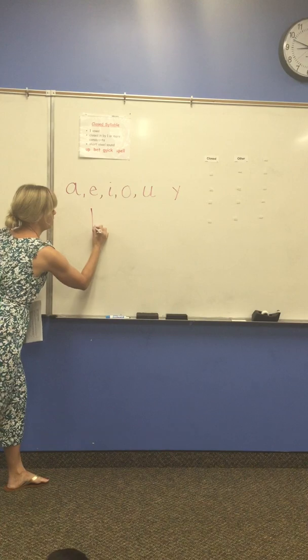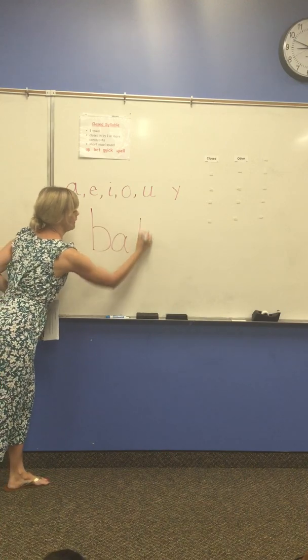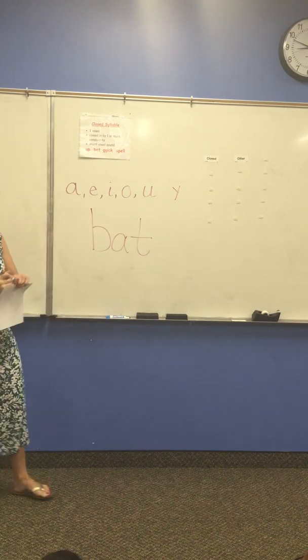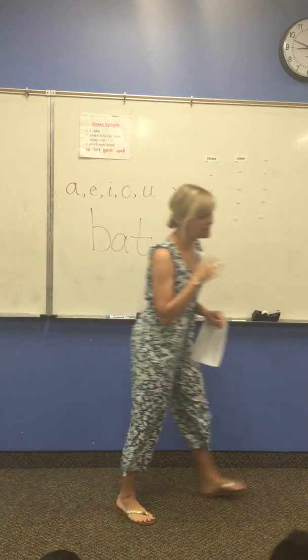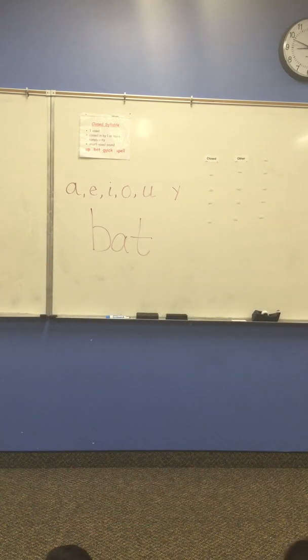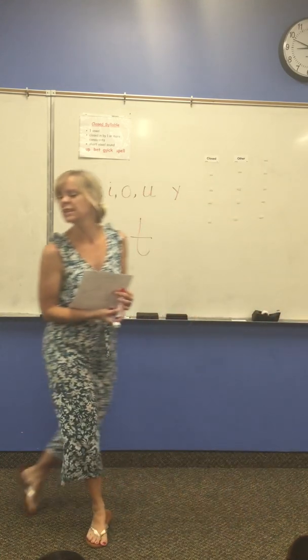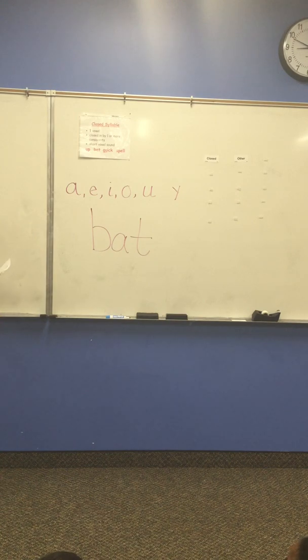Look at this word. Now, when we learn syllable types, we use easy words to start with. You're learning a concept, so we're going to use easy words to start with, okay?